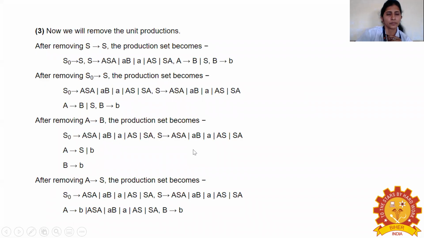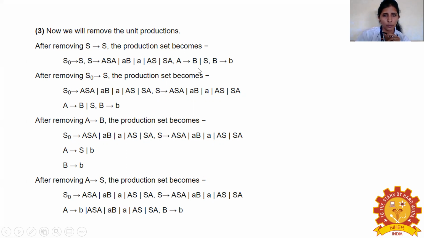Now we will remove the unit productions. What are the unit productions here? S to S and A to B. After removing S to S, the production set becomes S naught to S, S to ASA or AB or A or AS or SA, and the S value we remove.